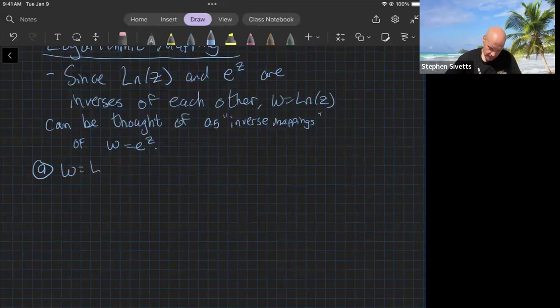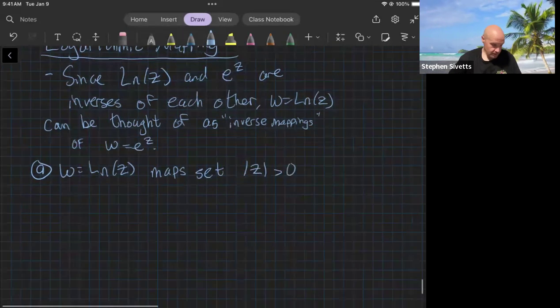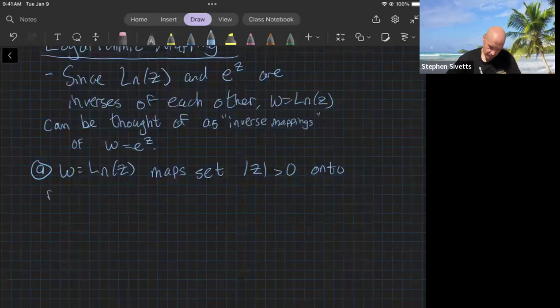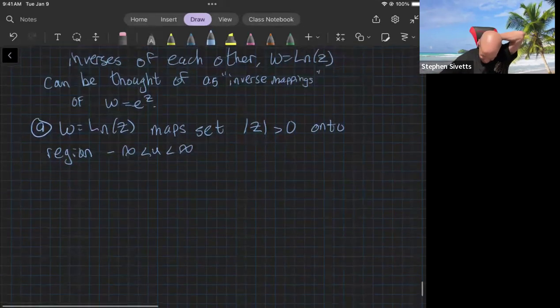W equals ln of z maps the set where the radii of the complex numbers is strictly positive onto the strip in the W plane, right?